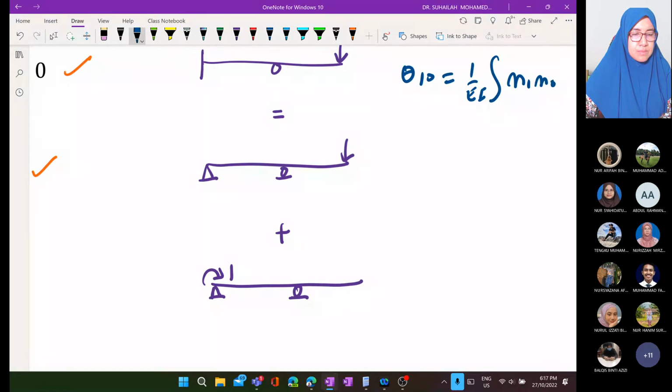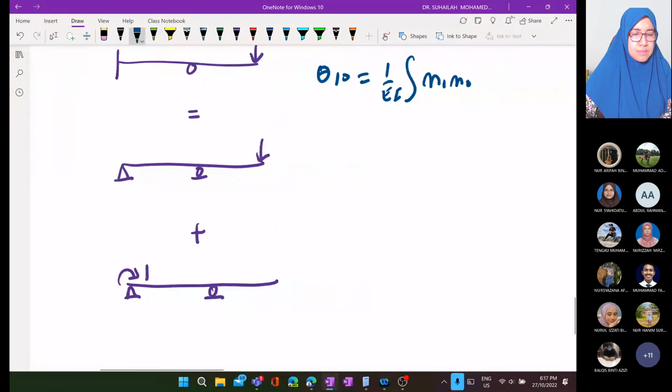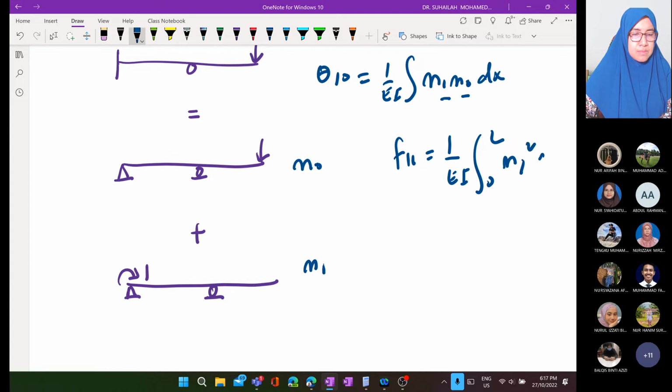We always refer to the notation that we use. So M1, M naught, so means that M naught is the primary system, M1 is redundant system. Okay, so for F11 means that it is 1 over EI, from 0 to L, it is M1 square dx.